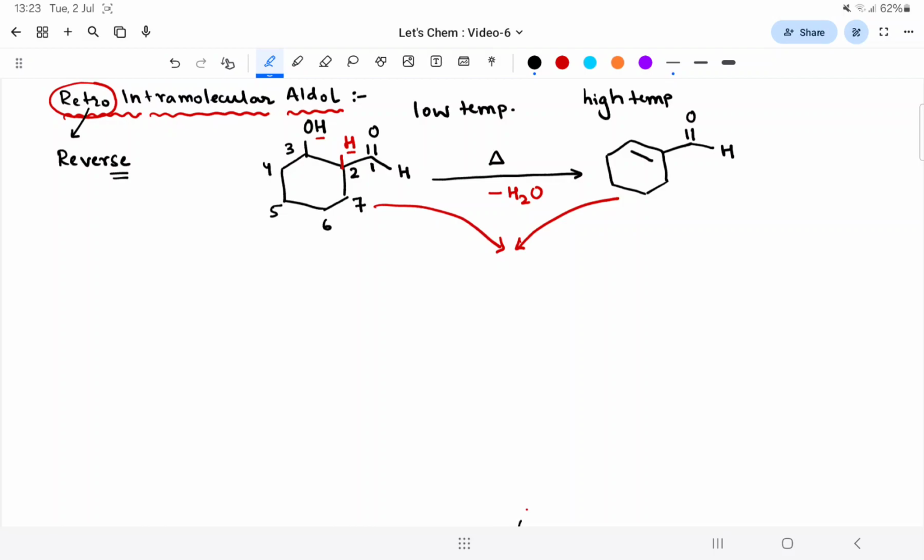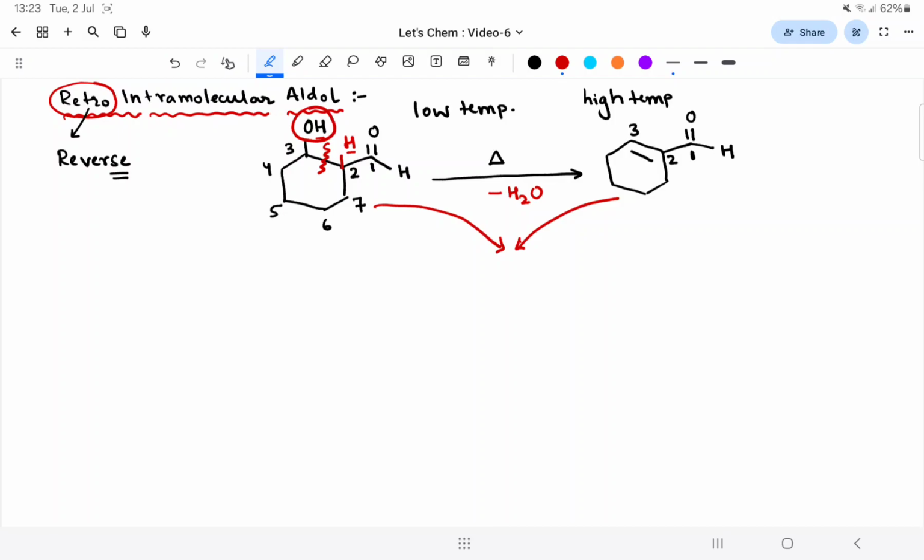Here also we'll write only 1, 2, 3 because complete numbering is not required right now. Now we are going to break the bond between 2 and 3, and we are going to convert this OH into a carbonyl carbon.